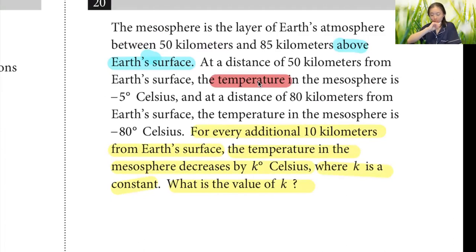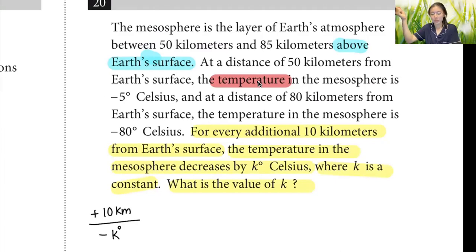It will make your life easier if you just construct a fraction or a ratio from this. So every additional 10 kilometers, the temperature in the mesosphere decreases by -K degrees. So that's basically what's happening, okay?